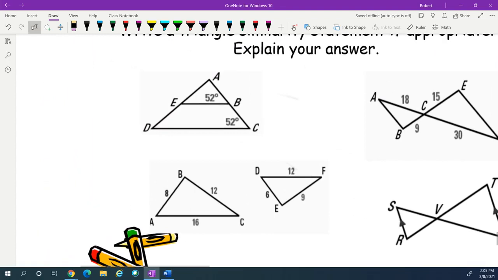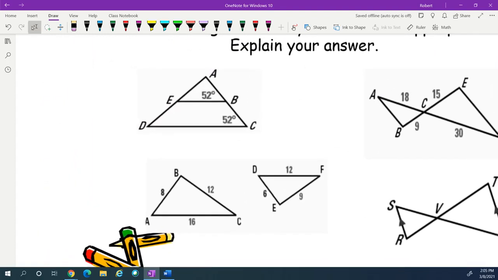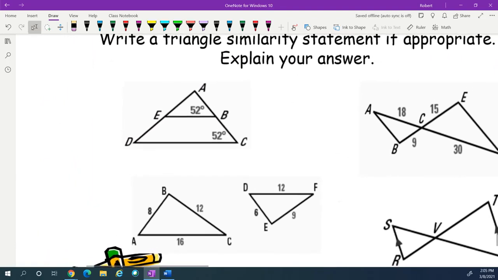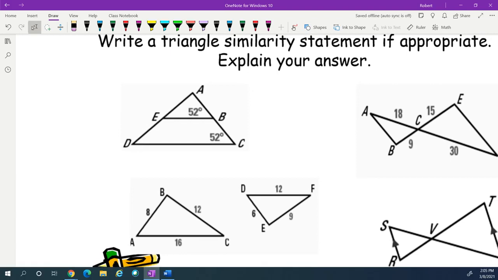A few more here. In our first example, we have angle 52 degrees and 52 degrees. And then angle A is shared. So we have AA similarity.